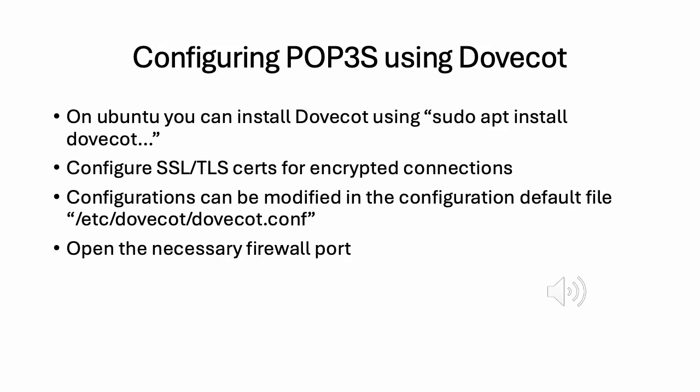Let's discuss how POP3S can be configured using Dovecot, a widely used POP3 server. If you're using Ubuntu, you can install Dovecot by running the following command into the terminal. Once installed, SSL and TLS certificates should be configured to ensure encrypted communication.